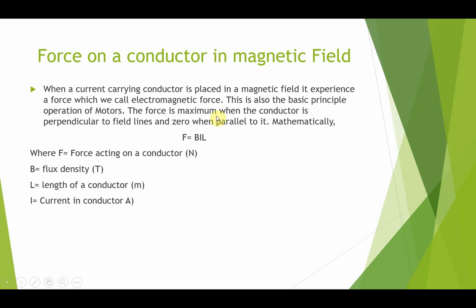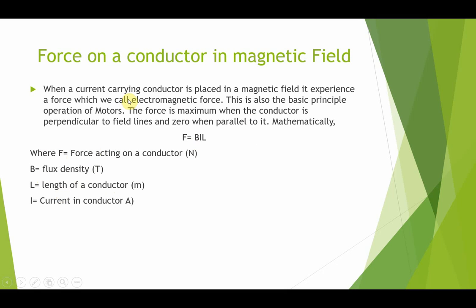The force is maximum when the conductor is perpendicular to the field lines and zero when parallel to it. Mathematically, F, the force acting on a conductor, is equal to BIL, where B is the flux density in Tesla, L is the length of the conductor in meters, and I is the current in the conductor.